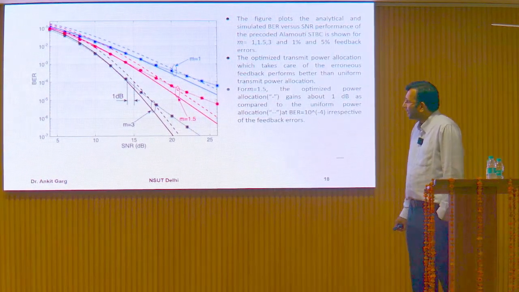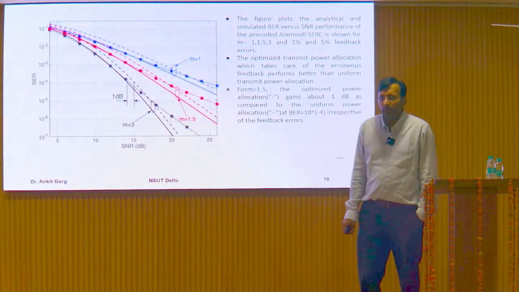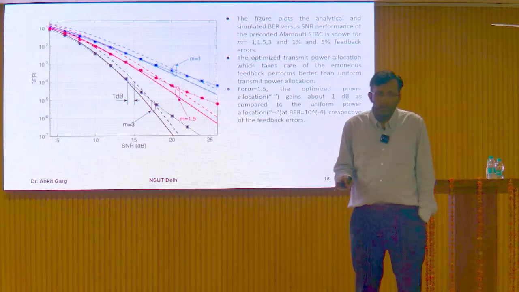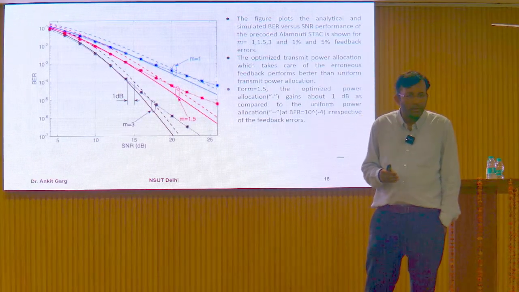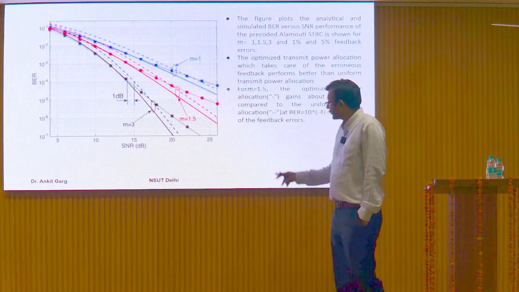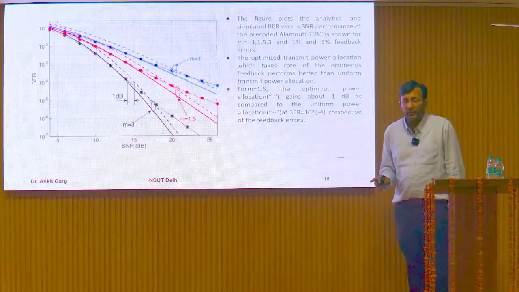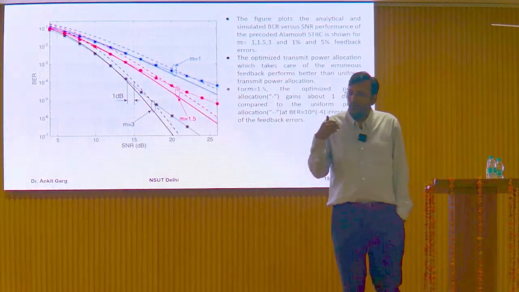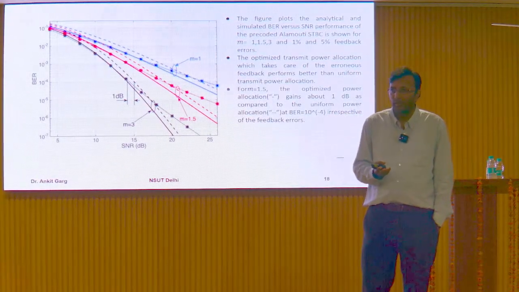The first dashed curve represents the equal power allocation, right? As I have told you, A square equals 0.5, so equal power is going to be allocated to all the transmit antennas. In between, we have this asterisk curve, which represents when we get the corrupted feedback and we give all the power to a single transmit antenna.